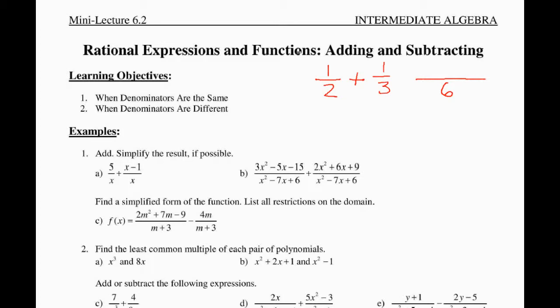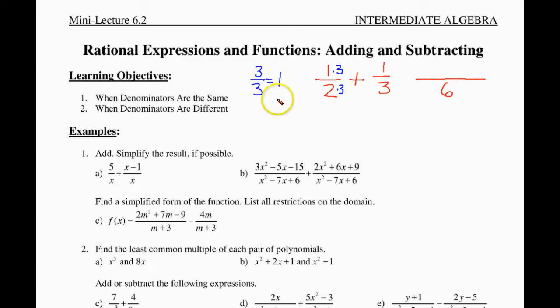Now, the thing is, what do we do to this denominator of 2 to make it a 6? Well, we multiply it by 3. But in order to keep this equivalent, we must also multiply the numerator by 3. Now, what is 3 over 3?